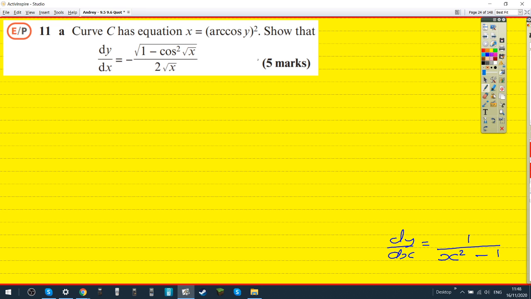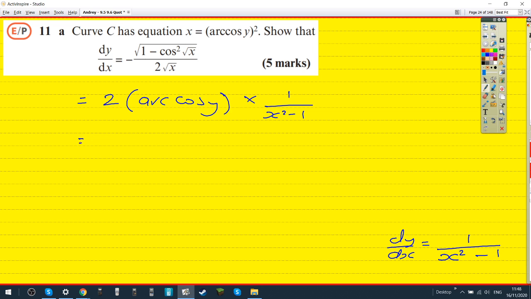Try just differentiating both sides. So do I need to do 2 times cos y? Well, 2 arc cos y. Oh, and then just do 1 over x squared minus 1 at the end. 1 over x squared minus 1. And then I can just check 2 over x squared minus 1 times arc cos y.